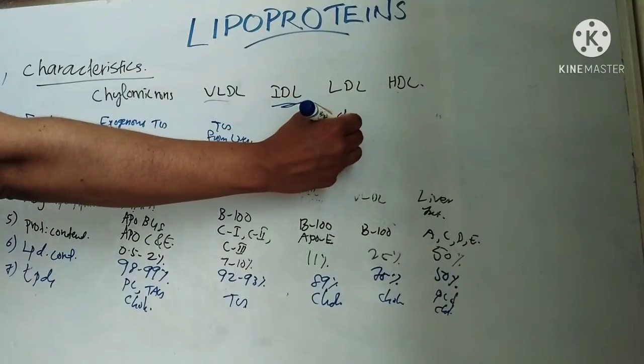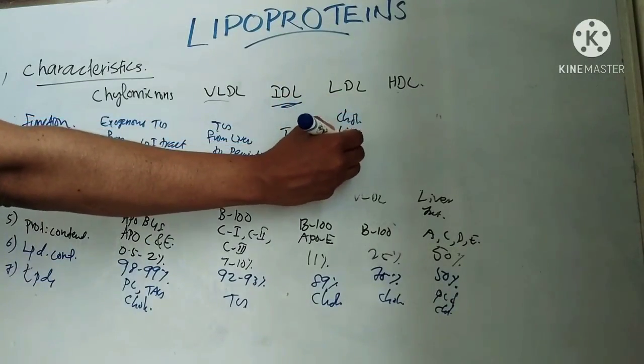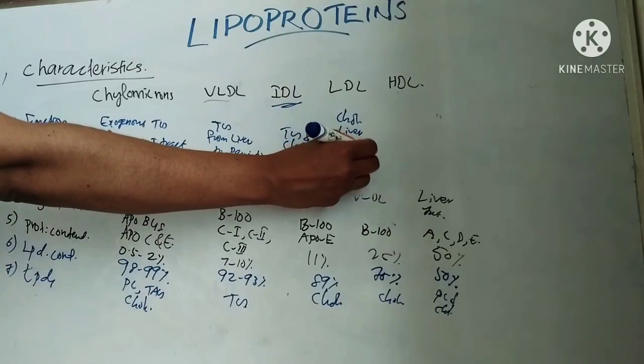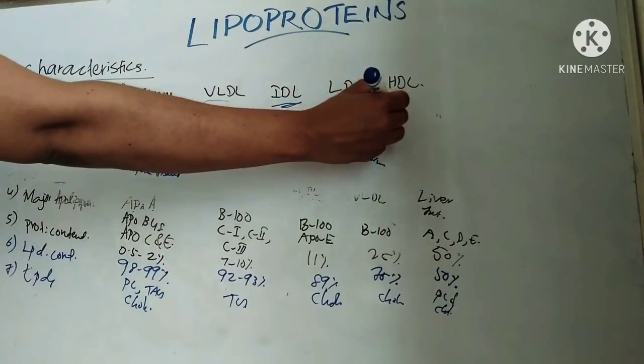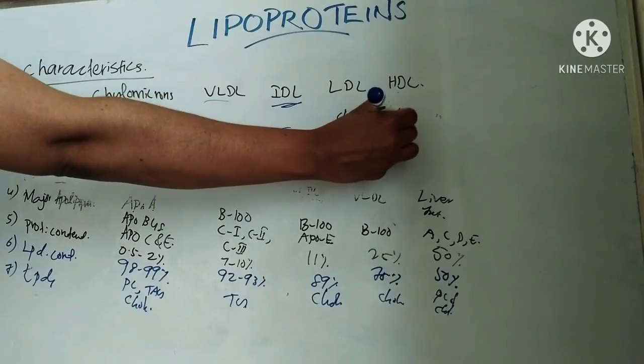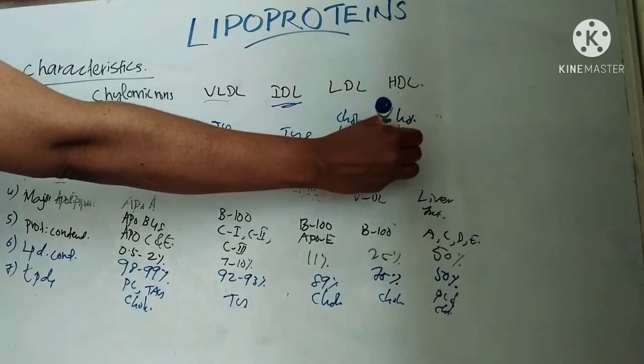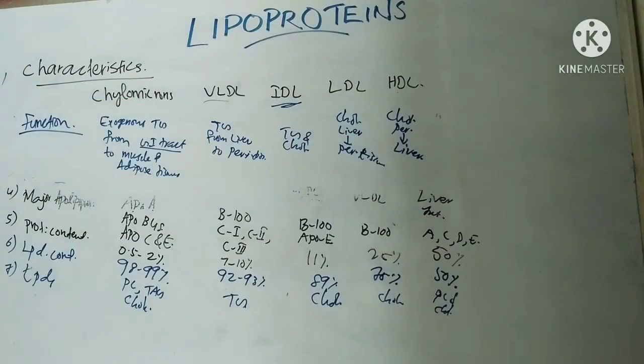Then HDL, that is important, transports cholesterol from peripheral tissues back to the liver for degradation. So these are the characteristics of lipoproteins.